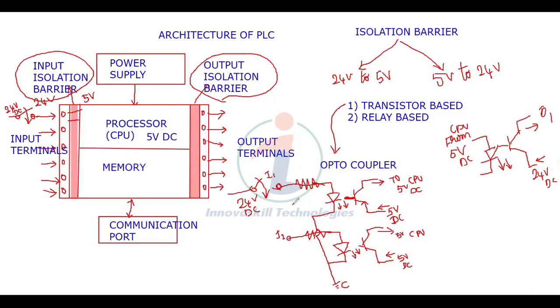So in input side, what is happening? If 24 volt is given in this terminal, through this 5 volt will be given to the processor, to the second input, like that.